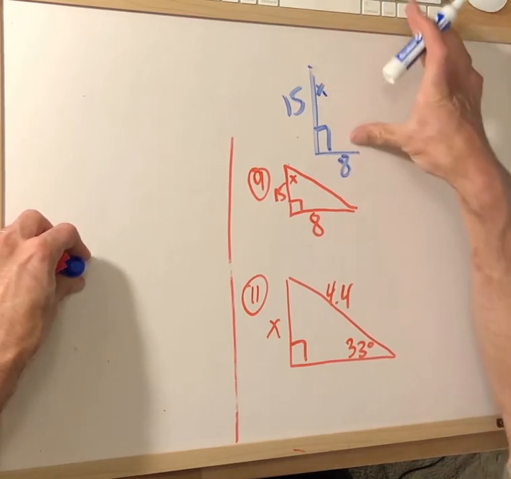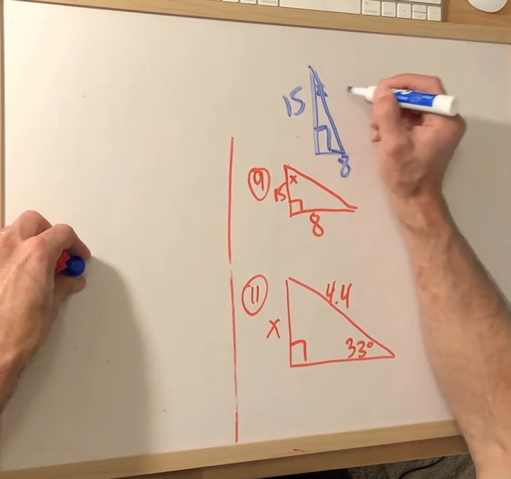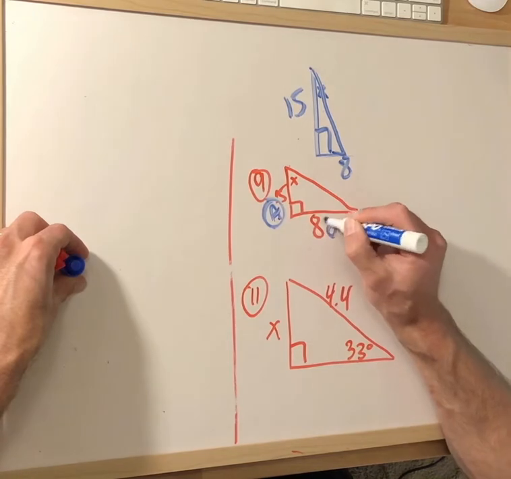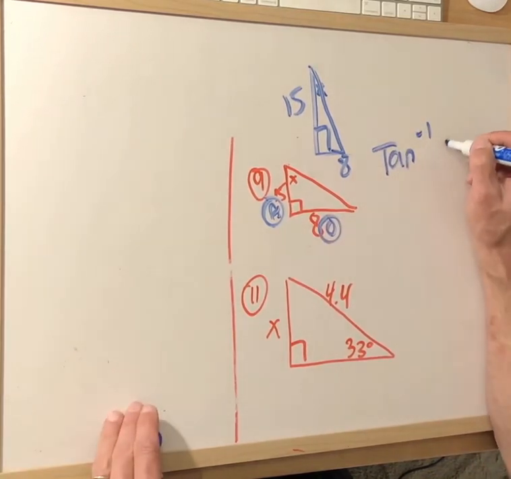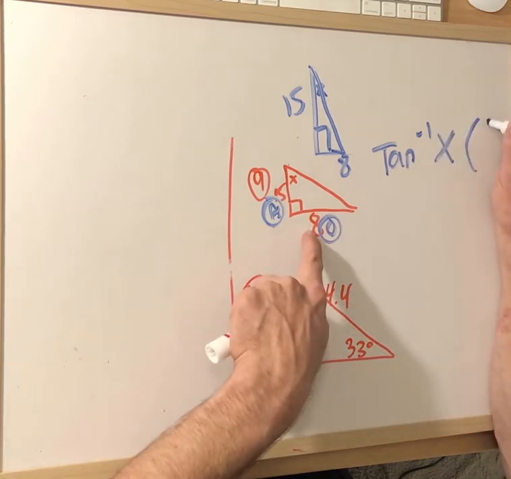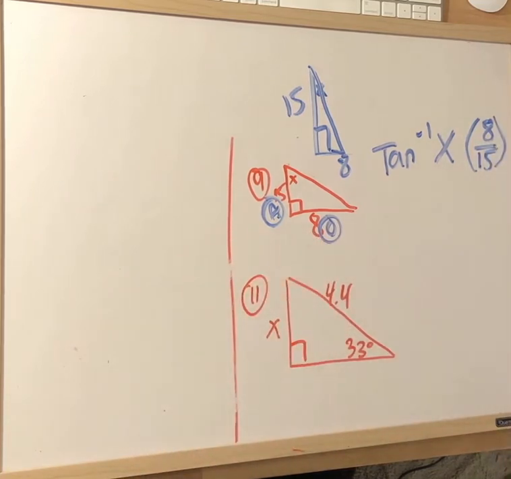Anyways, this is adjacent, this is opposite, so it's inverse, because you're trying to find an angle. Tangent is 8 over 15. Inverse tangent 8 over 15 is going to give you the answer of D for number 9, about 28.1 degrees.